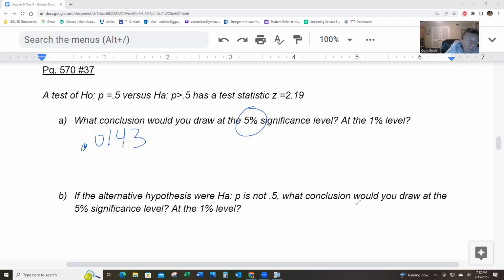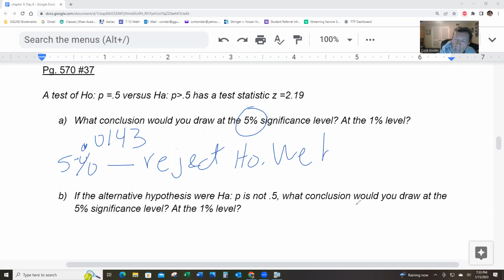At 5%, our conclusion would be reject H0, because that number 0.0143 is less than 5%. And then I'll start my sentence frame.